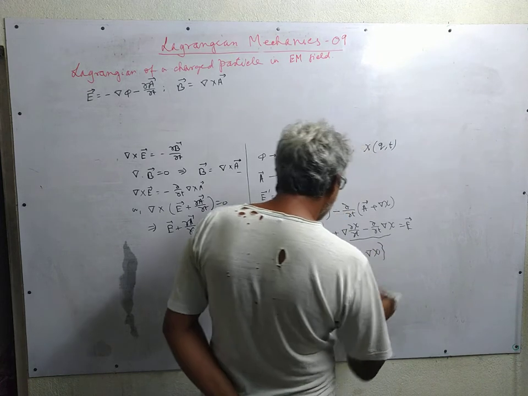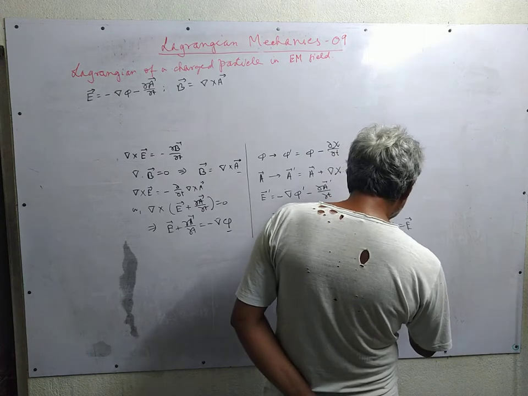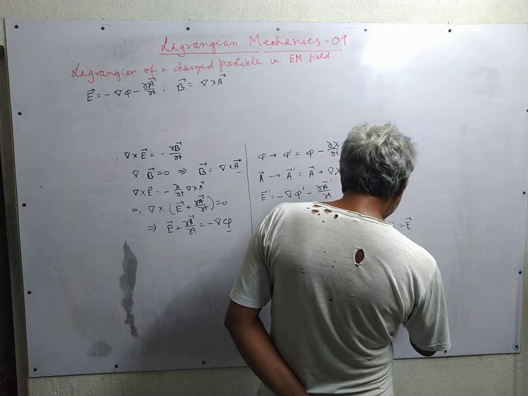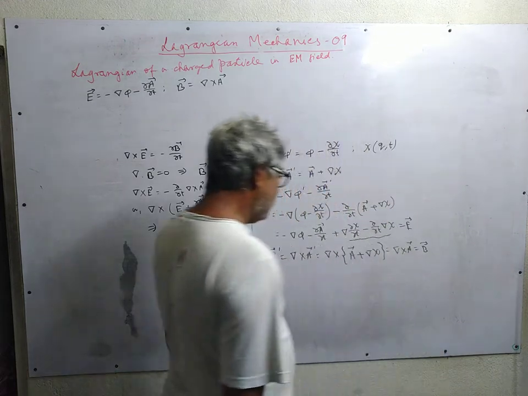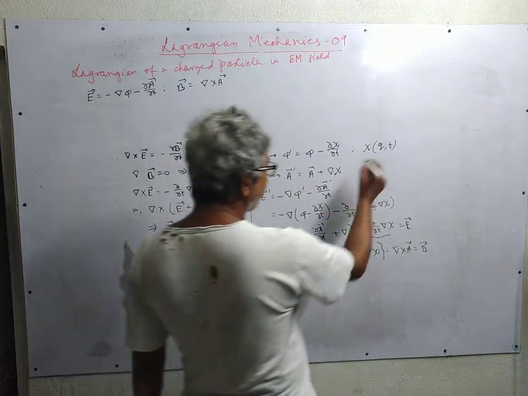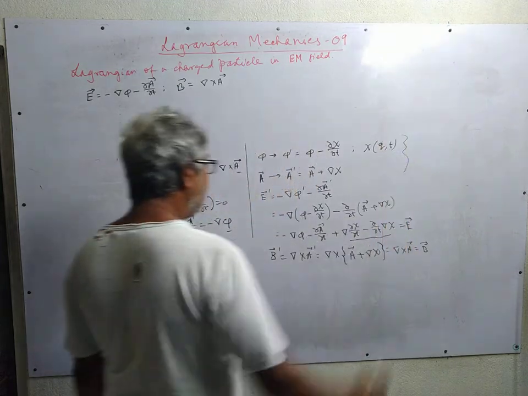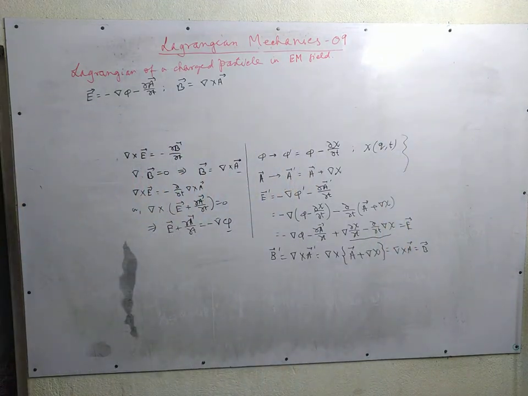Since the curl of the gradient of any function is 0, we see that under this transformation the field vectors E and B do not undergo any change.